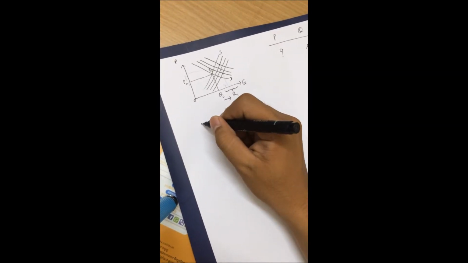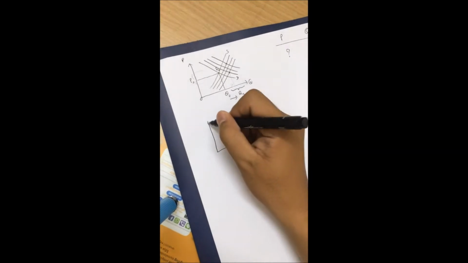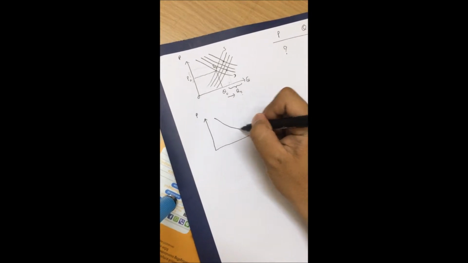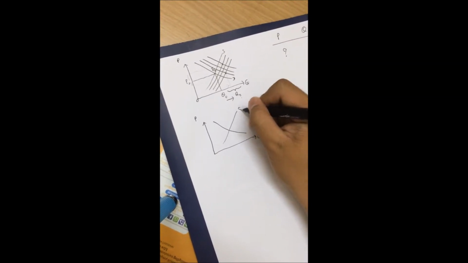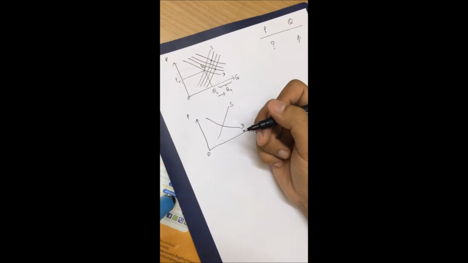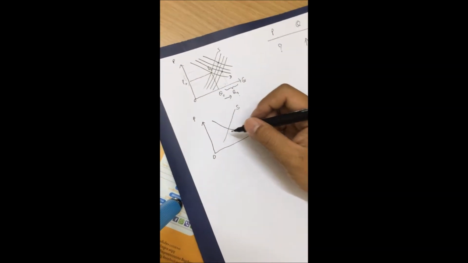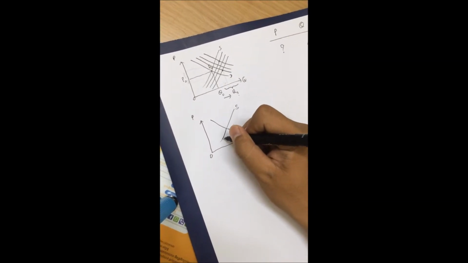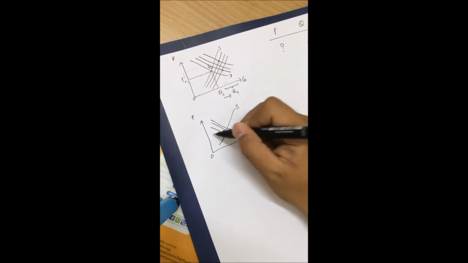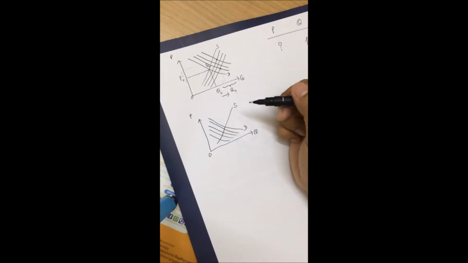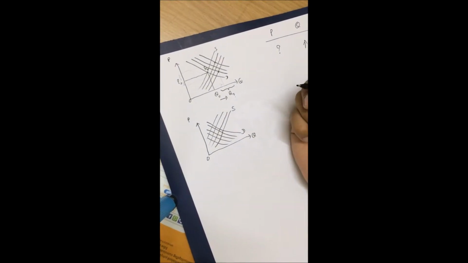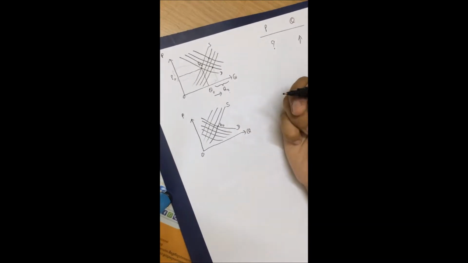Okay, so next one. You've got P and you've got Q, and you've got two curves, S and D. In this case, we're studying demand and supply both decrease, so both curves would move to the left. Demand left, supply left. Okay, this is your equilibrium zero.